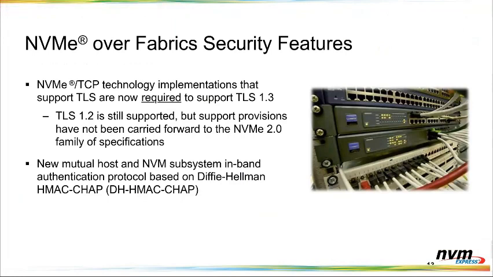For this reason, we're moving NVMe to TLS 1.3. Starting with NVMe 2.0, all NVMe over TCP implementations that implement TLS are now required to support TLS 1.3. NVMe 2.0 will still allow TLS 1.2 as legacy, but everyone's strongly encouraged to move to TLS 1.3.